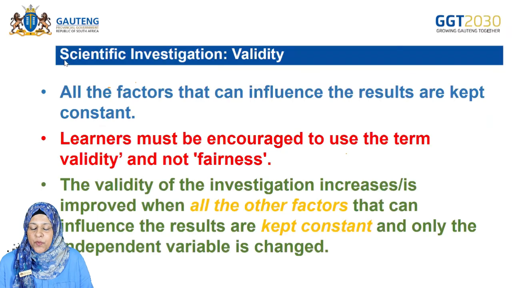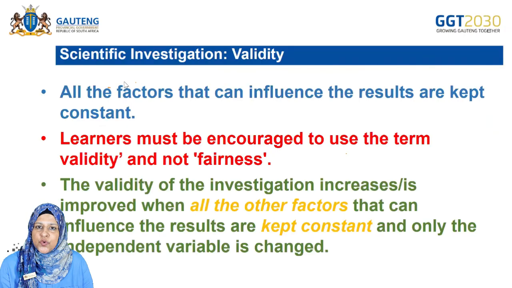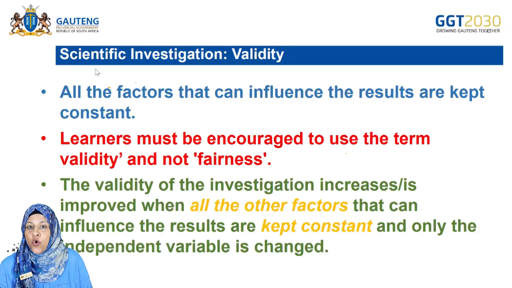Now, we're going to look at validity. What is validity? Validity speaks to experimental design. Anything to do with the experimental design will affect or improve the validity, affect it negatively or positively.